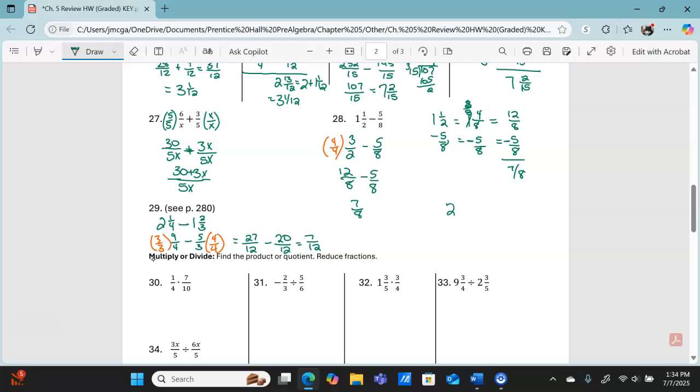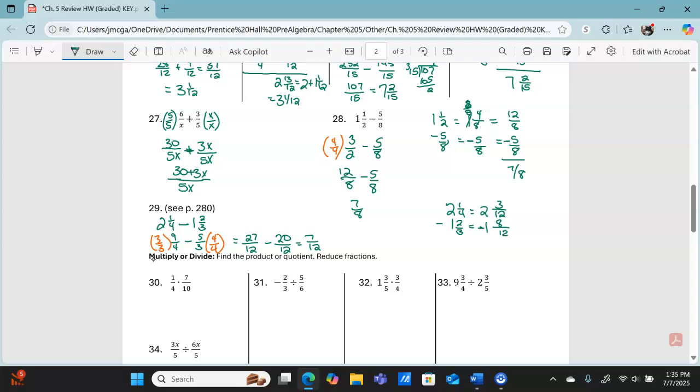Just to show you what that would look like vertically, write our whole numbers. This would be 3 over 12. This would be multiplying by 4, 8 over 12.